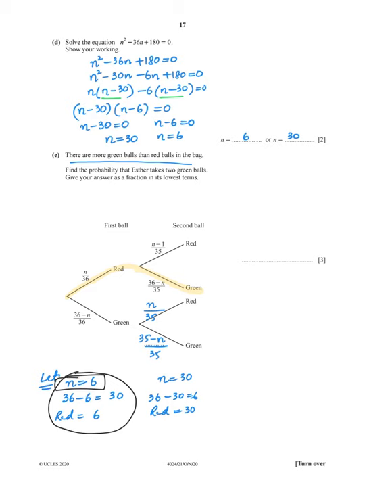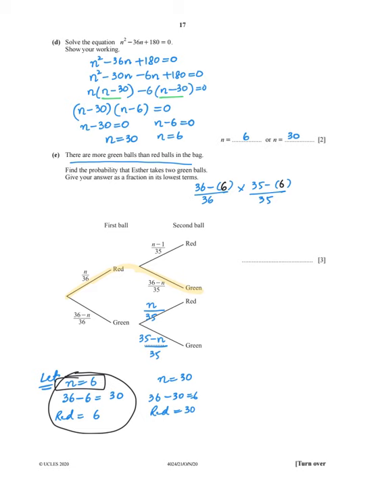After that, find the probability that Easter takes 2 green balls, give your answer as a fraction in its lowest terms. So if she is going to pick 2 green balls, the probability for the first green ball will be 36 minus n divided by 36, and for the second one it's 35 minus n divided by 35. The value of n we finalized is 6. So I will place the value, and now we need to simplify it.